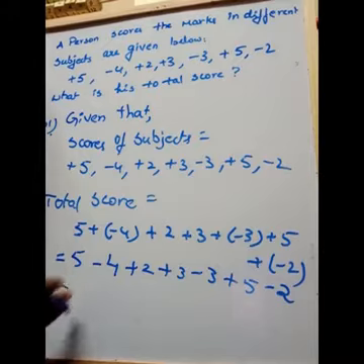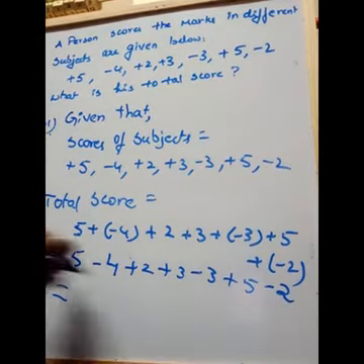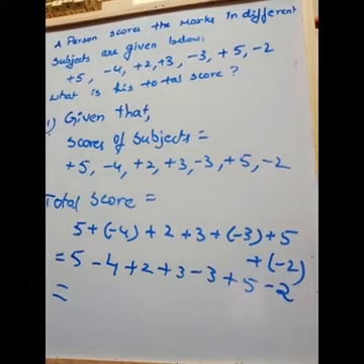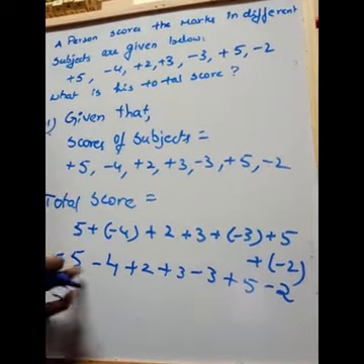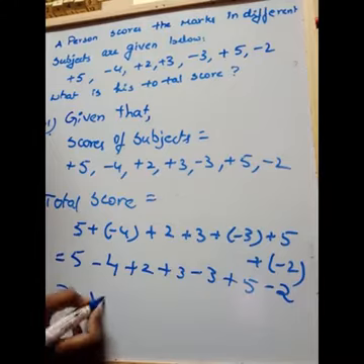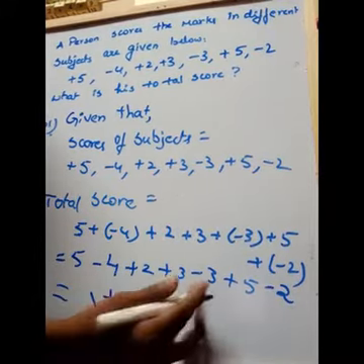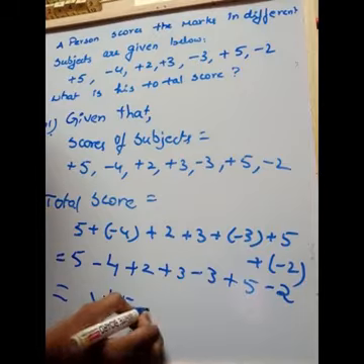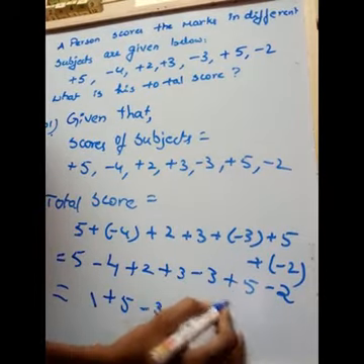Now write the numbers. You can directly do from here, or you can do some other calculations also. I am doing from left to right. 5 minus 4, 1. 2 plus 3, 5. Minus 3. 5 minus 2, 3.